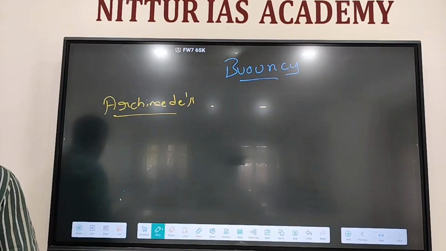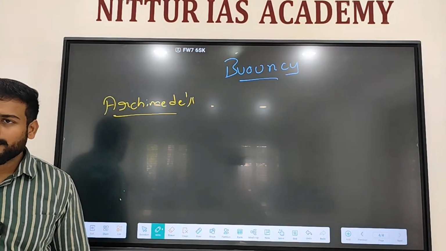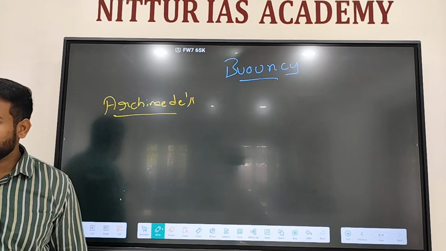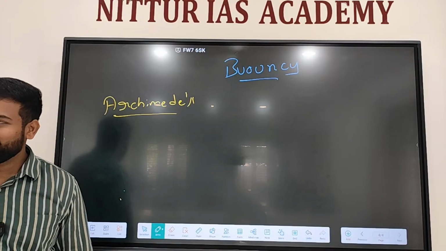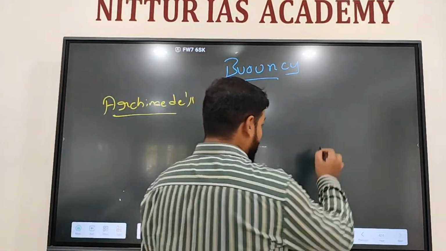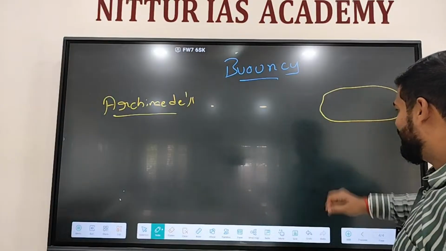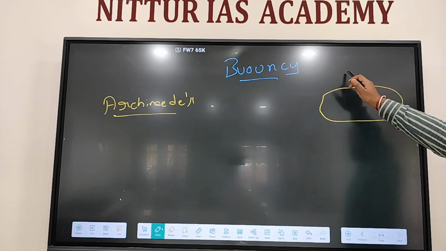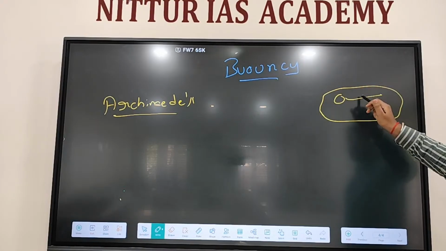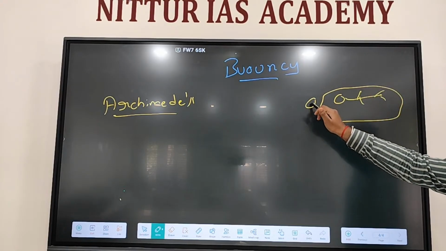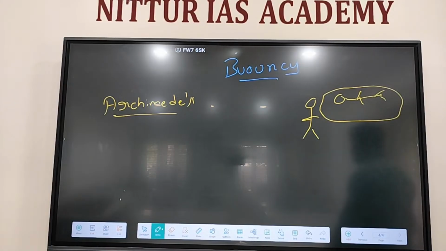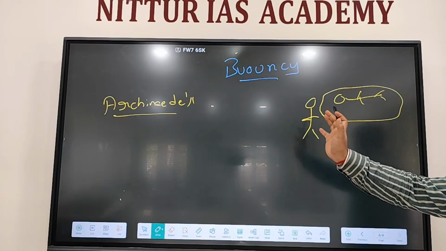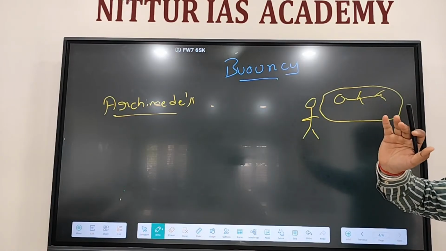Buoyancy means, have you seen the movie Titanic? After the Titanic ship sank, the heroine Rose and hero Jack both fell into the water. A cardboard piece was there. Rose was floating on the cardboard piece.